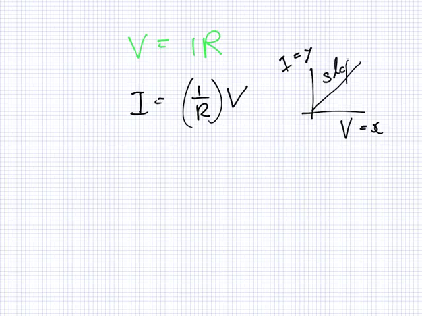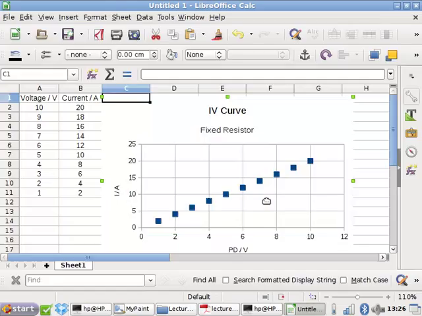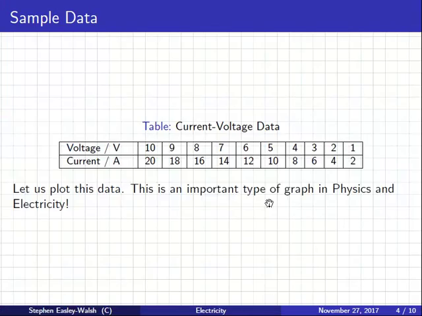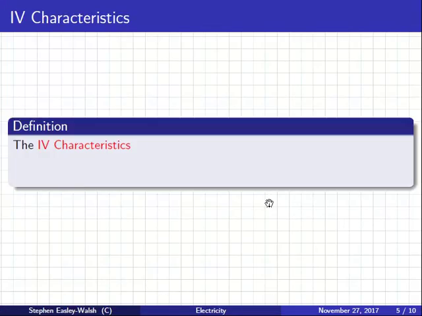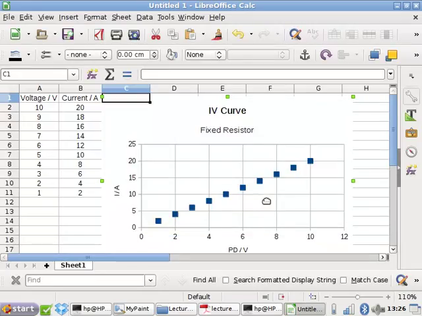What would be the gradient of this? 1 over R. So R is 1 over the slope. So we have a meaning of the slope of this graph here.